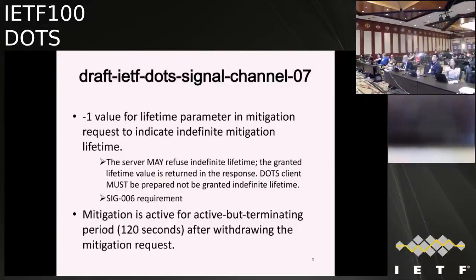So now there is this indefinite lifetime, which is supported by the client and the server, but the client should expect that the server may reject assigning an indefinite lifetime for its request. So there is some text that was added to the drafts and also to the requirements. Next slide, please.